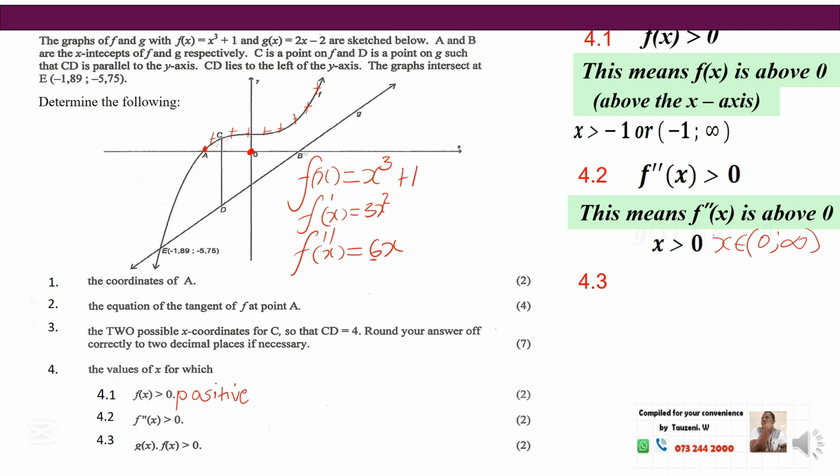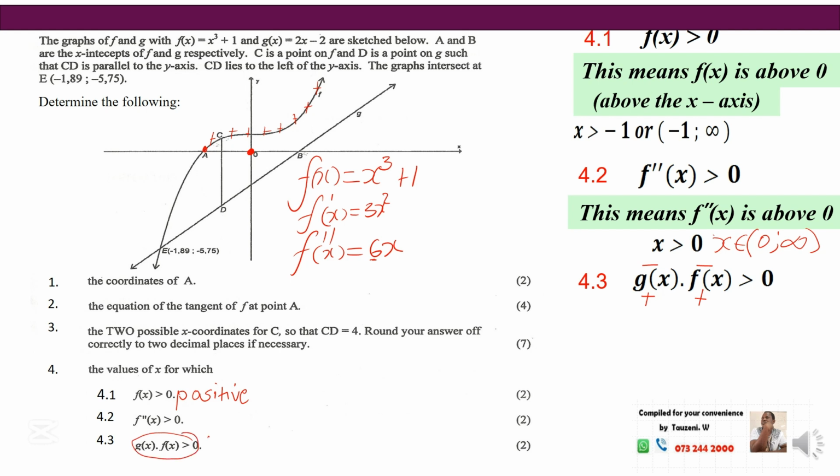Then number 4.3, we want to find sections on the graph where the signs for the two graphs are the same. They must both be positive or they must both be negative. The idea comes from integers, because if you multiply a negative times another negative, the answer will be positive. And this product here is bigger than 0.